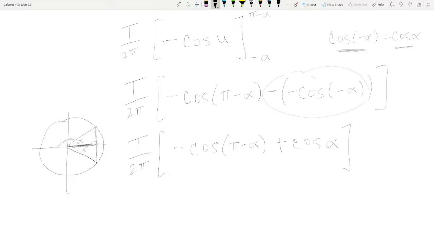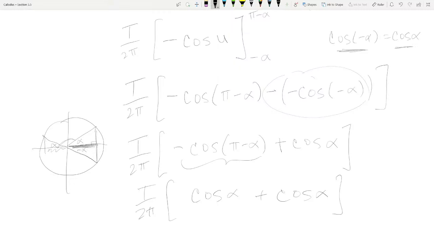So if we were to go the distance pi minus alpha, it would be over here, and it would have this little angle alpha, and the cosine would be this length. But that's going to be the minus of this length. So the T over 2 pi, this right here is equal to cosine of alpha. And then this is also cosine of alpha still.